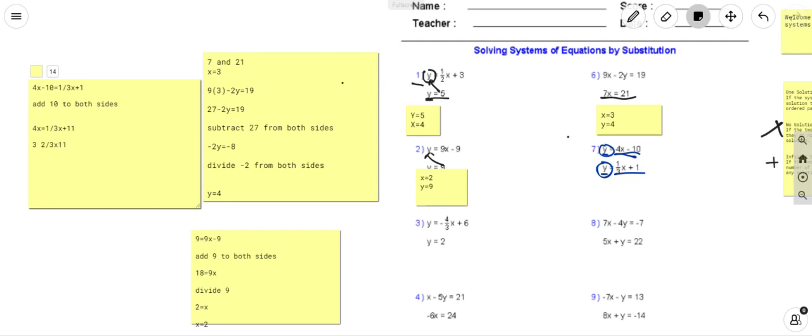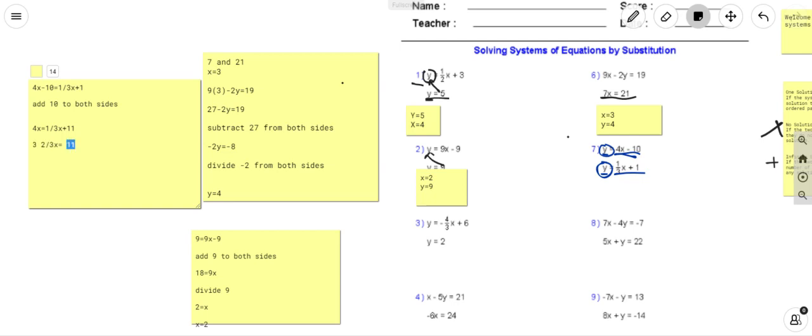Okay, this is definitely something that you could use a calculator for, but if not, you would divide both sides by this number.